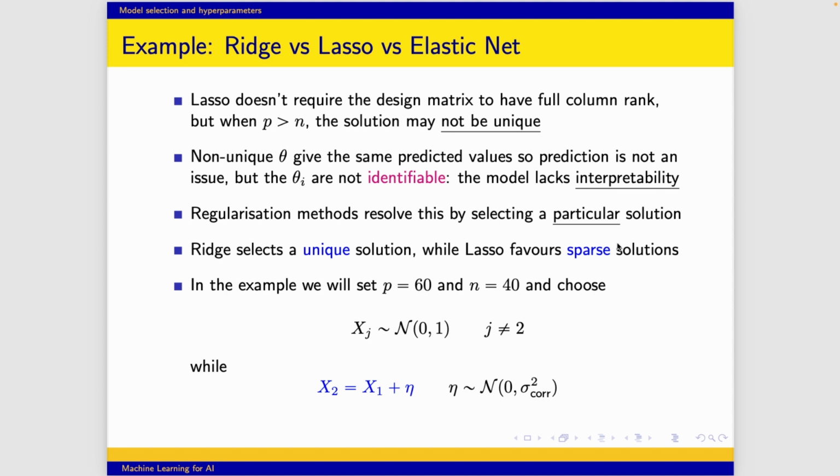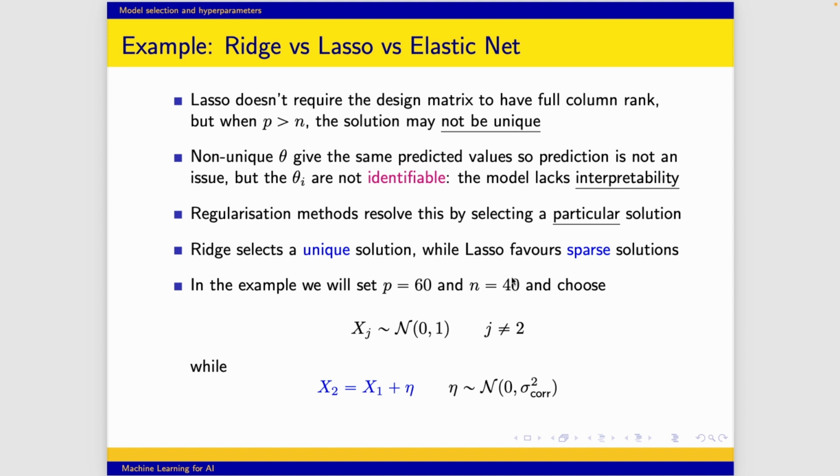Okay, so with all that aside, the reason I'm going through this is, first of all, it's important that we understand this. And secondly, because in this example, we are going to set p greater than n. We're going to set p equals 60. We're going to have 60 features and only 40 data points.